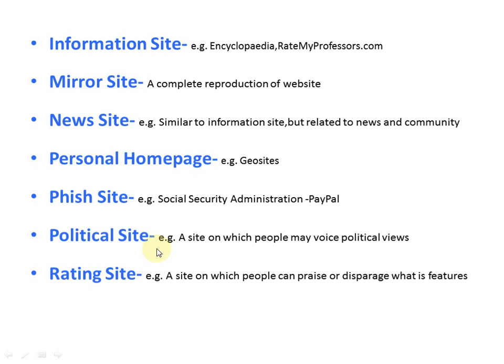Next is political site, a site on which people may voice political views. Next site is rating site, a site on which people can praise or disparage what it features.